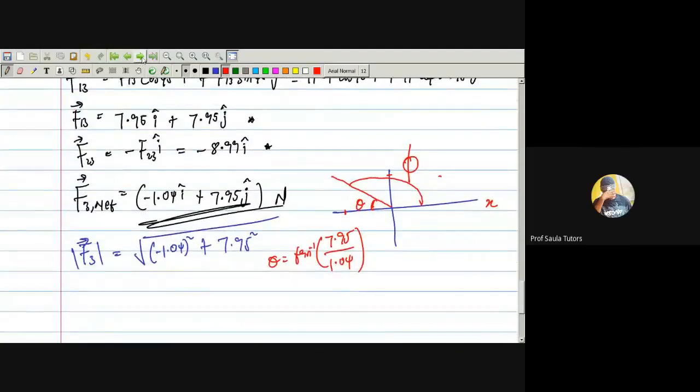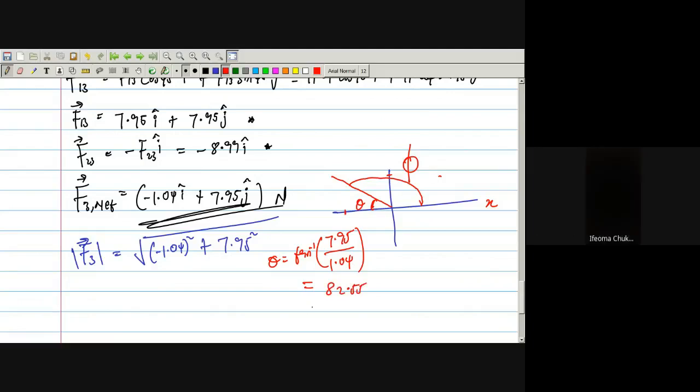So whatever angle you get here, try to do this in your calculator. Do you have a calculator with you? Yes. Okay. 7.95 divided by 1.04, then shift. I got 82.55 degrees.